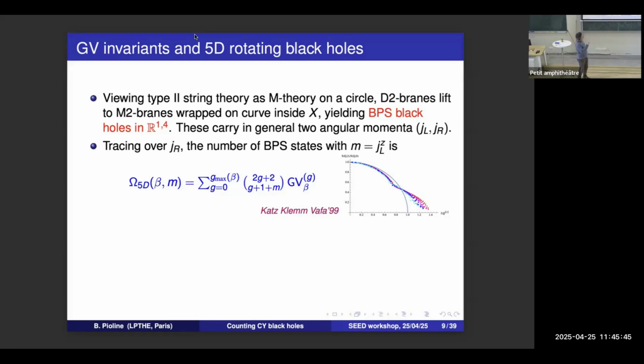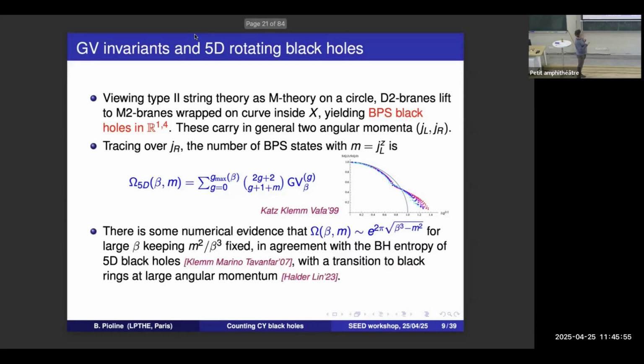And the correct counting in that case turns out to be some linear combinations of these GV invariants in 5 dimensions. And so the prediction is that they should grow like the entropy of a 5-dimensional black hole as a function of the electric charge beta, and M here is the angular momentum. So that's a very sharp prediction from physics.